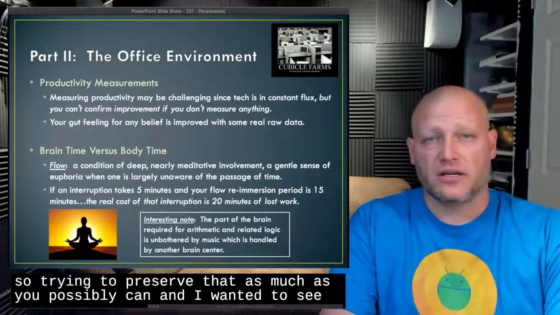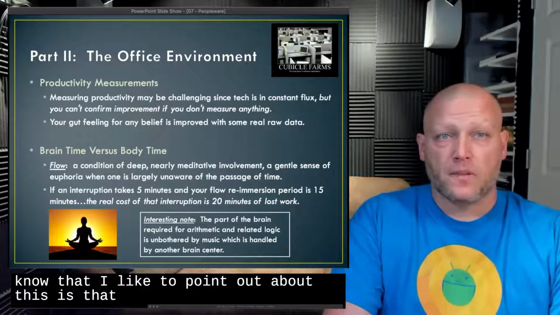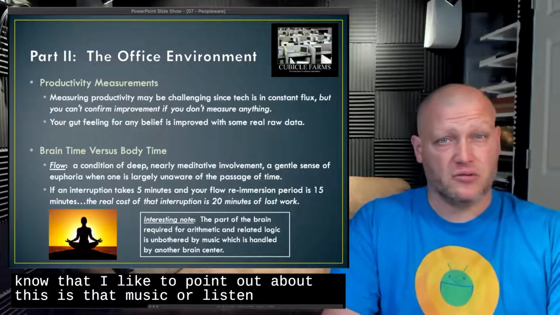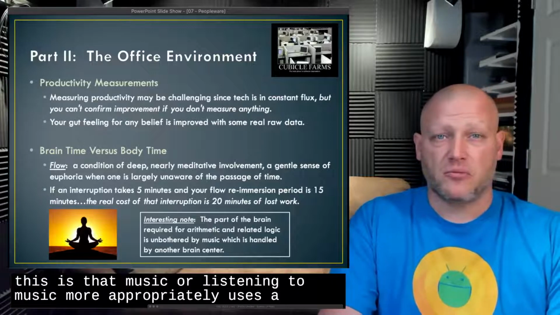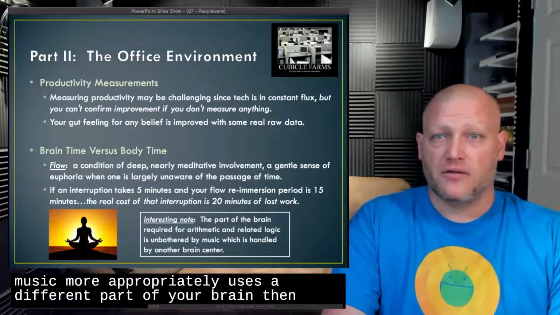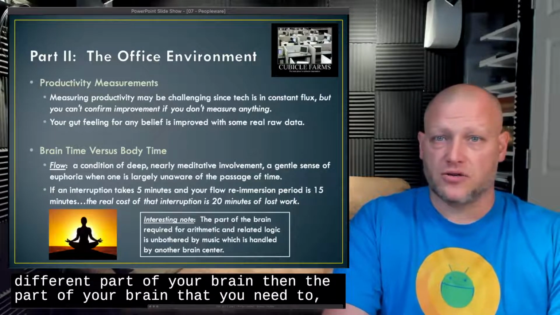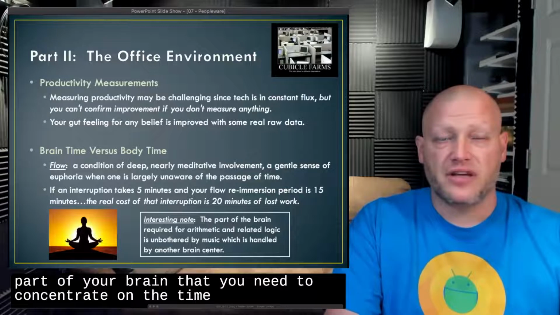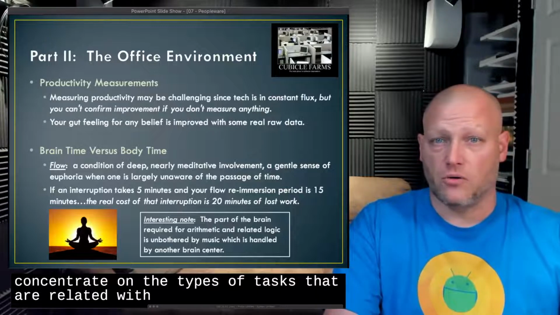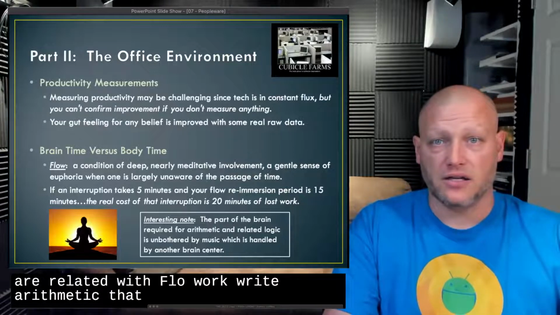Now, one interesting note that I'd like to point out about this is that music, or listening to music more appropriately, uses a different part of your brain than the part of your brain that you need to concentrate on the types of tasks that are related with flow work, right? Arithmetic, that kind of stuff.